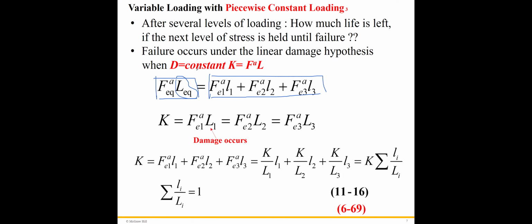And we define the damage D as a constant K here. From the linear damage hypothesis, the damage equals Fe1 to the power of a times L1 when this damage occurs, equals Fe2 to the power of a times L2, and so on.